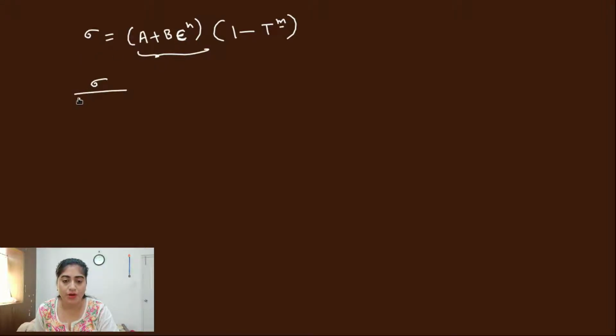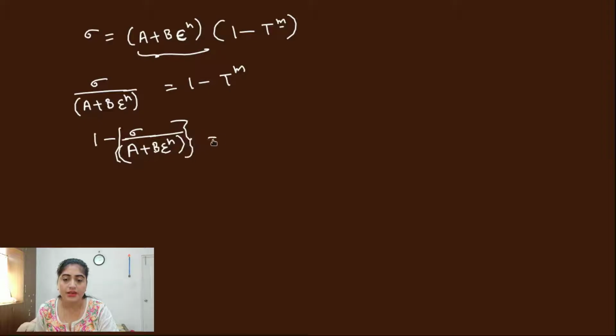So this will be σ/(A + Bε^n) = 1 − T*^m. Here m is in the power, so I have to transfer this 1 also. So this will be T*^m = 1 − σ/(A + Bε^n). So this will be one bracket, and here it will be T to the power of m.